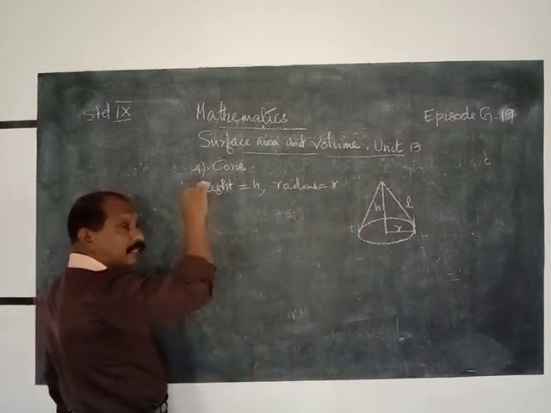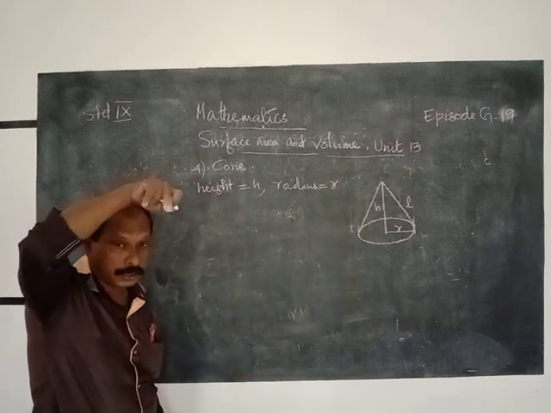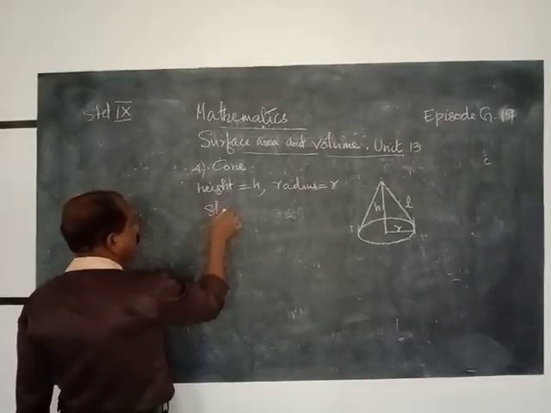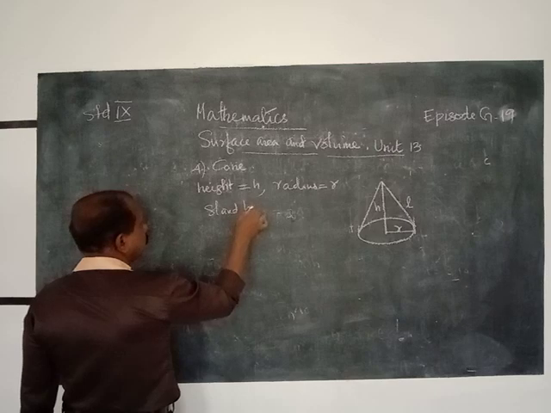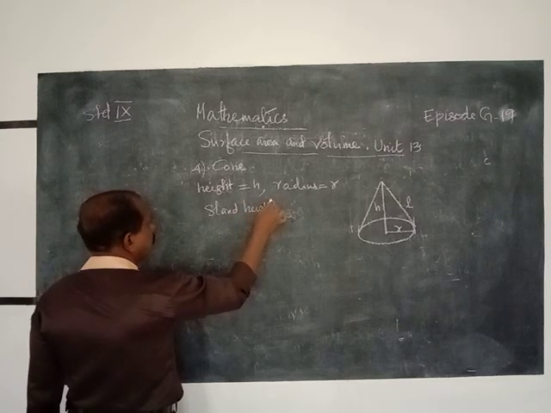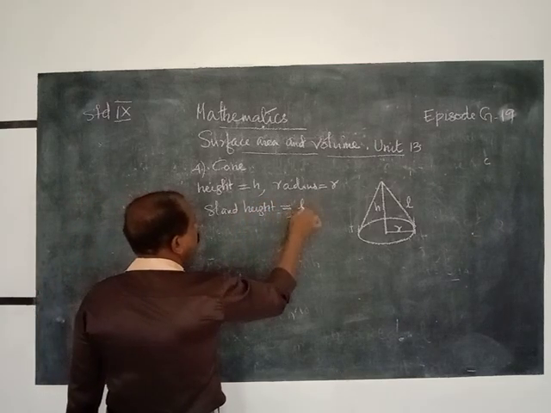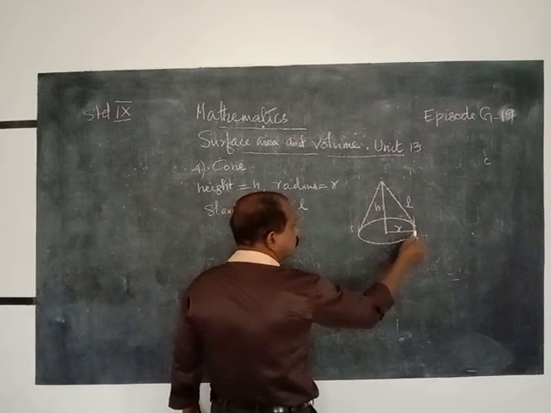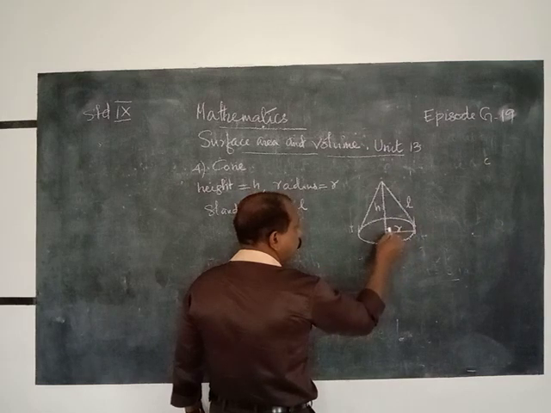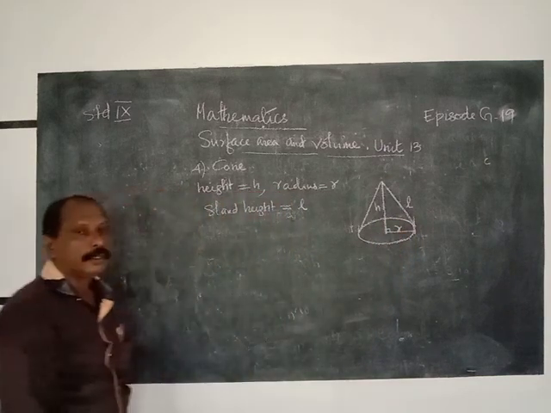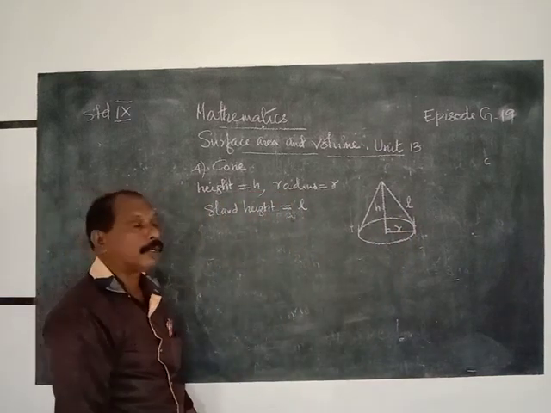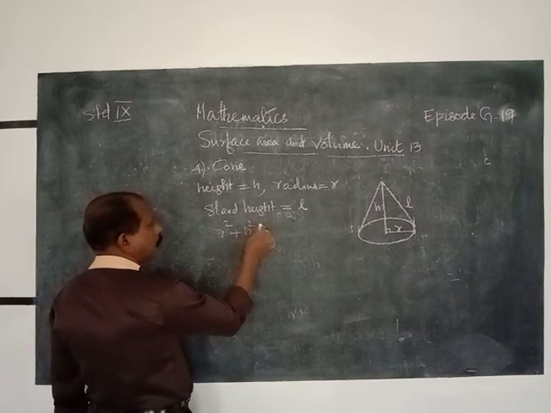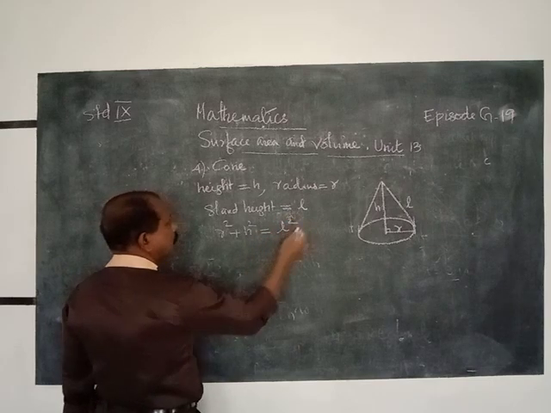l is known as slant height, the length on the curved surface. That is slant height. h is the altitude, r is the base, and l is the hypotenuse of a right angle triangle. Therefore, the relation between these three is what? r square plus h square is equal to l square.